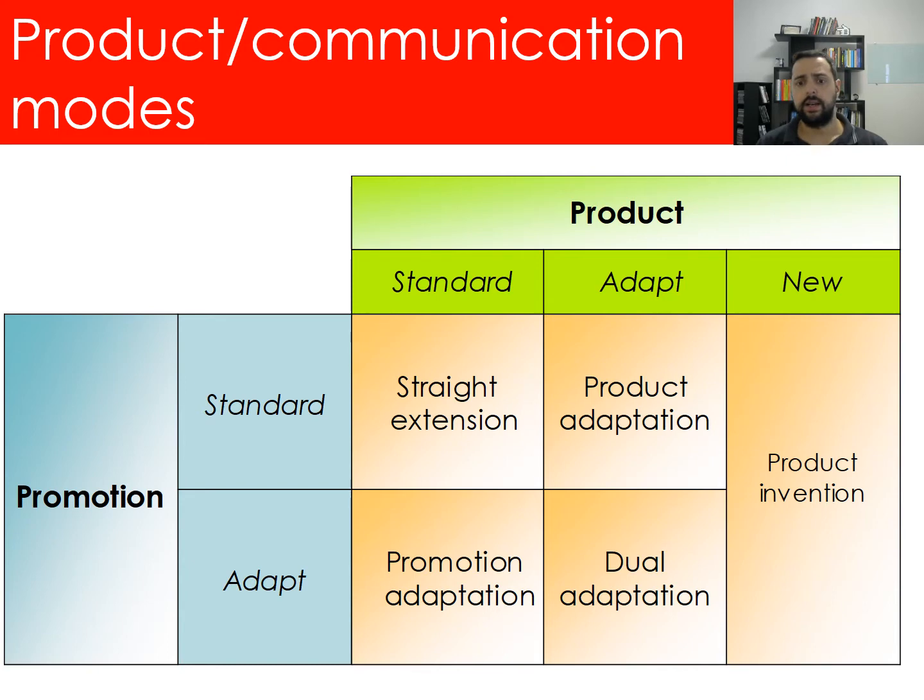Of course, from time to time, or usually, you need to launch new products in the market that can be delivered with standard communication or adapted communication. So let's look to this matrix and see what kind of strategies we can use.